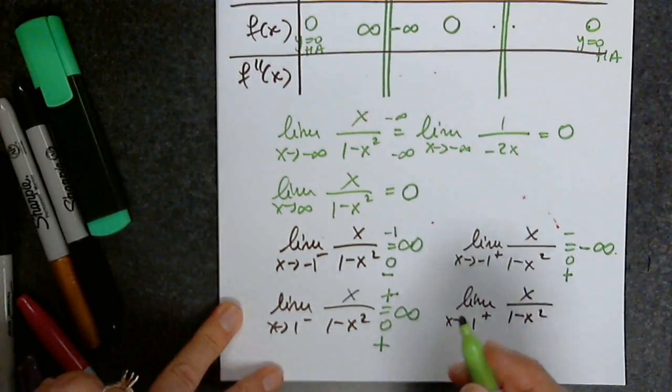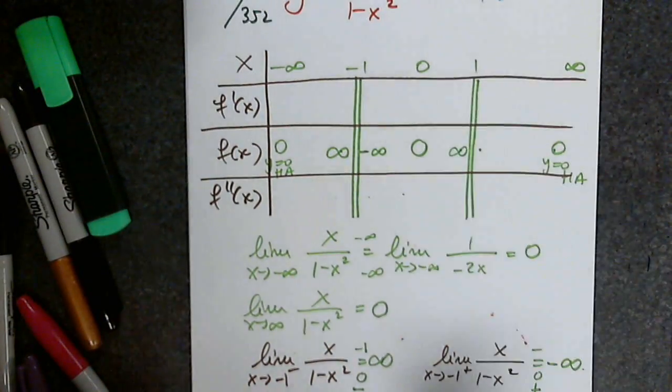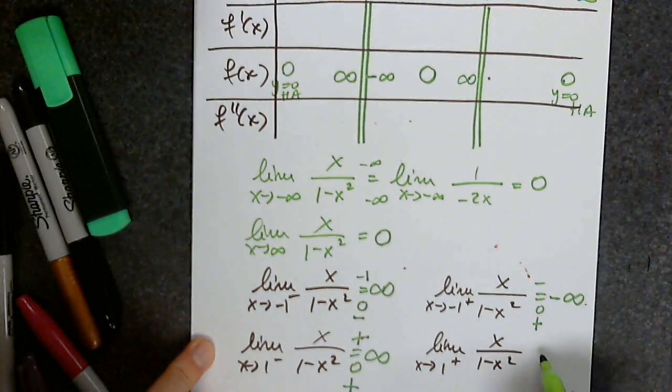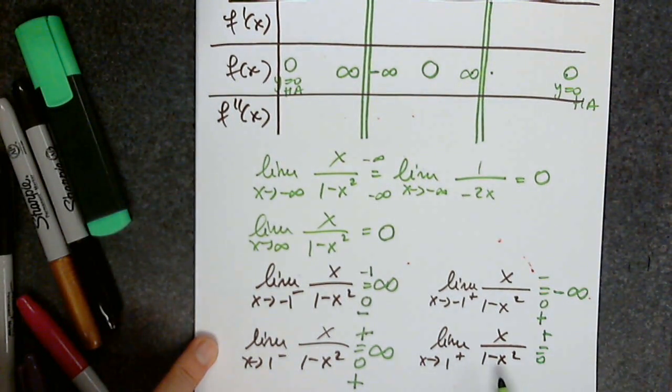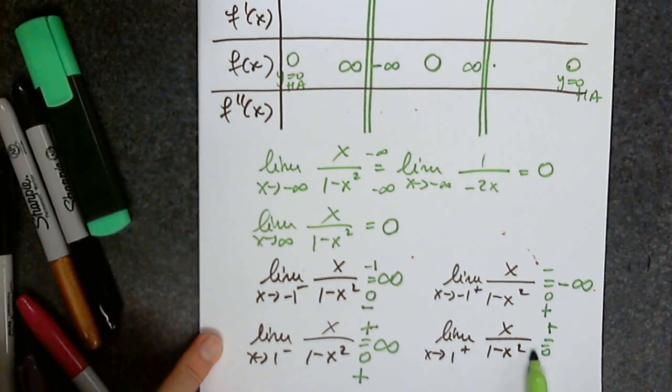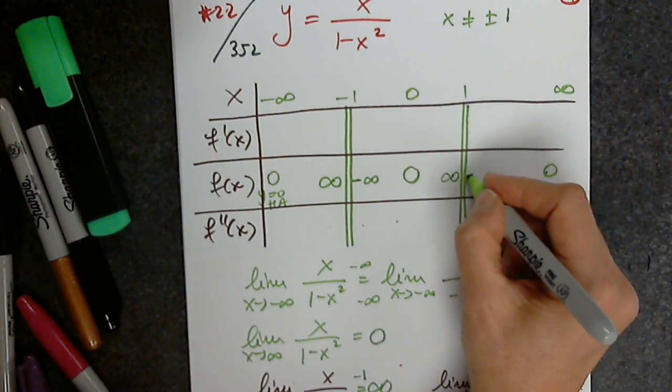Positive. And finally, positive at the top, 0 at the denominator, but 1.1. Which will be the sign of the denominator with 1 minus 1.1 squared? So this is negative infinity.